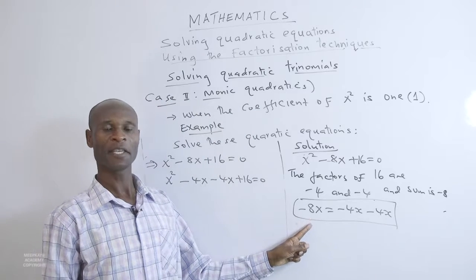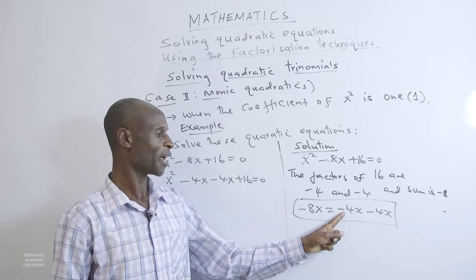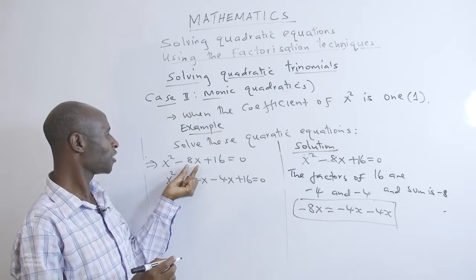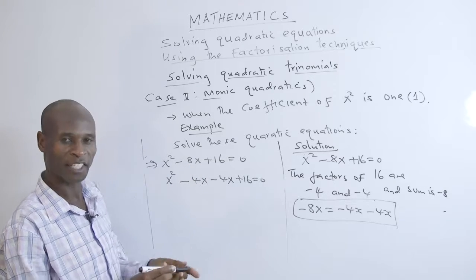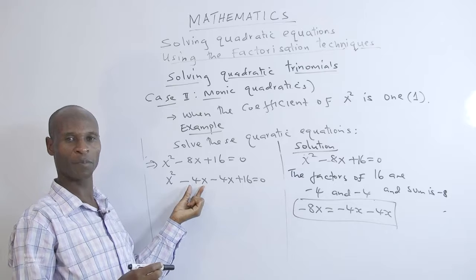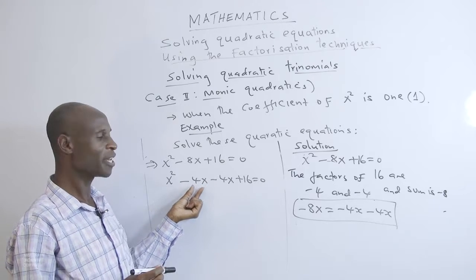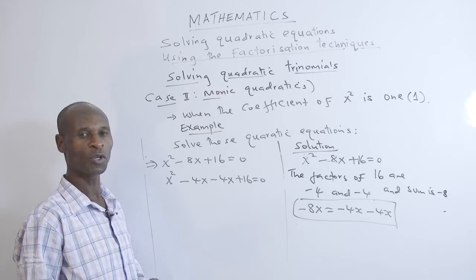The linear term is negative 8x, which can be split as negative 4x minus 4x. So instead of writing negative 8x, we split using the two factors we have identified by inspection method. So it will be x squared minus 4x minus 4x plus 16 is equal to 0.